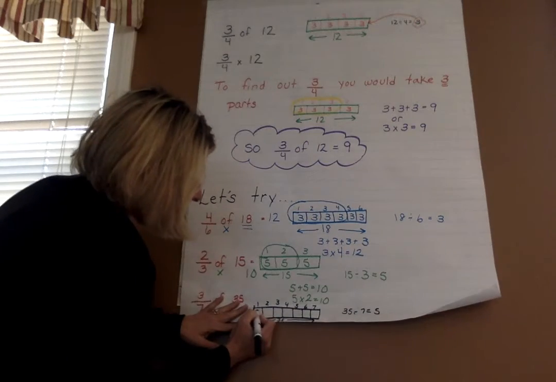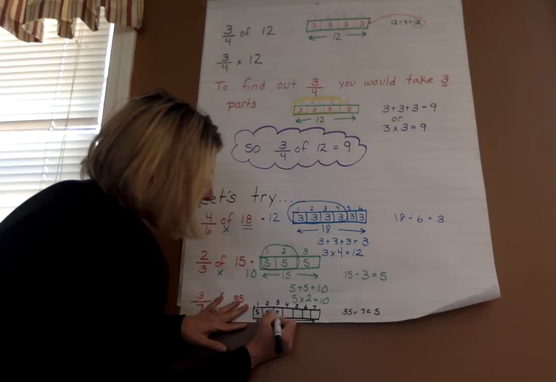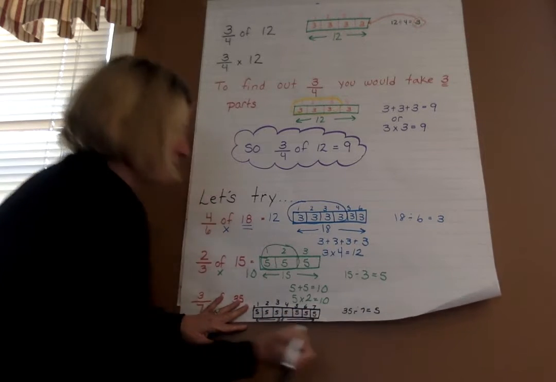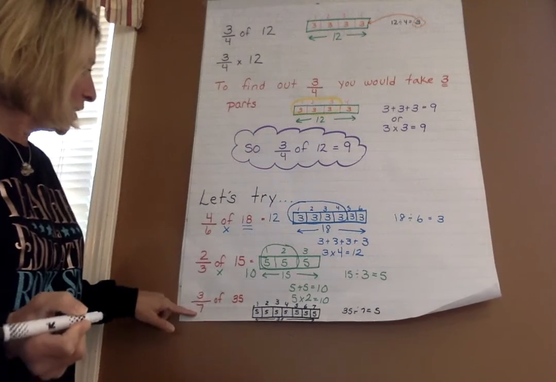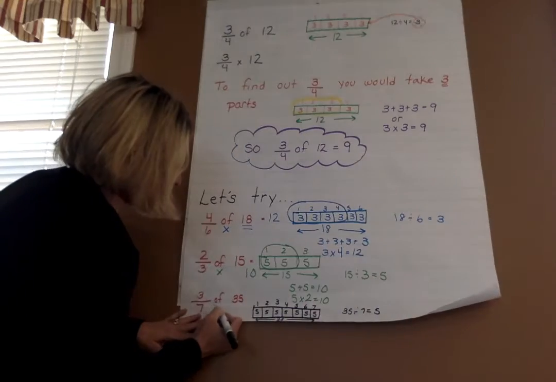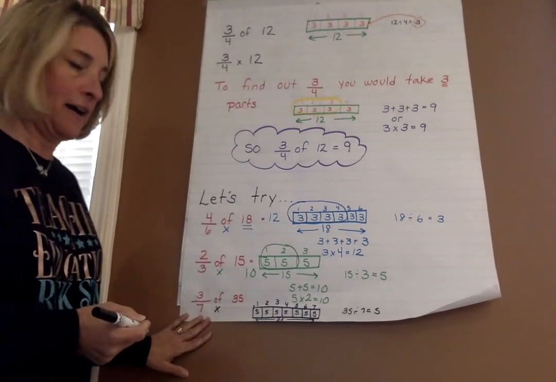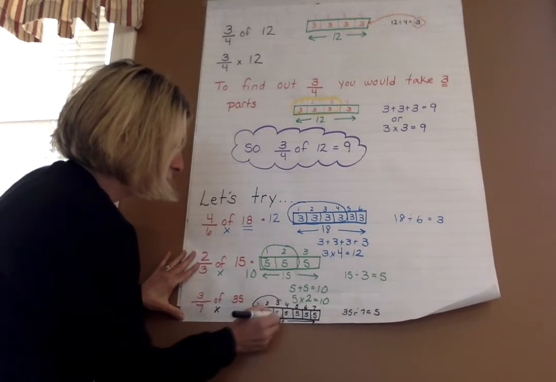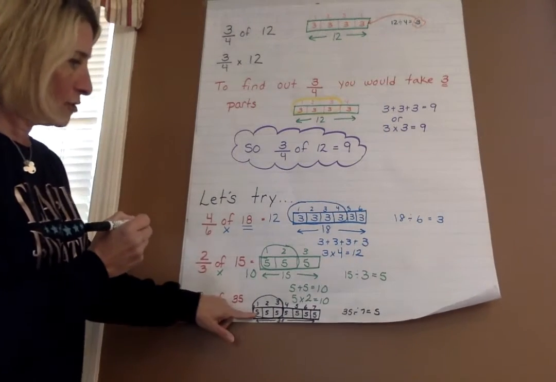So I'm going to fill in the 5. 5, 5, 5, 5, 5, 5, 5. So if I want to know what 3/7 of 35 is, or 3/7 times 35, I have to look at 3 of the sections, or 3 of the parts, which is right here.